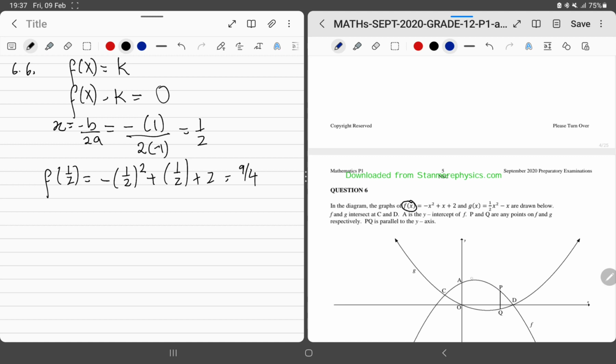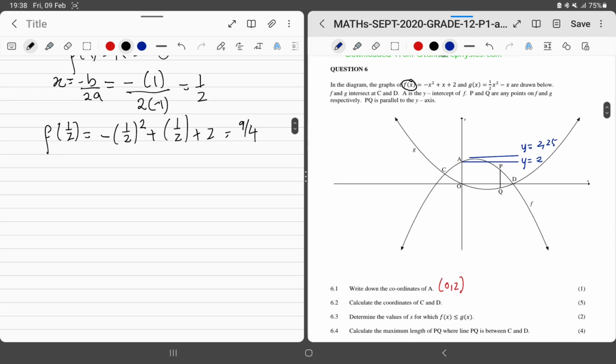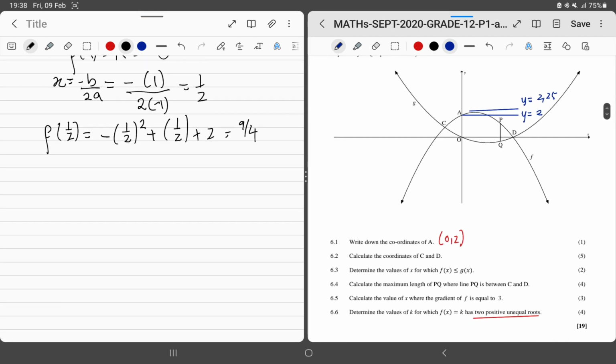Okay, so now I have that line there, which is y equals 2. And then I also have the line at the turning point, which is y equals 9 over 4. 9 over 4 is the same as 2.25. They are saying the roots should be positive and unequal.